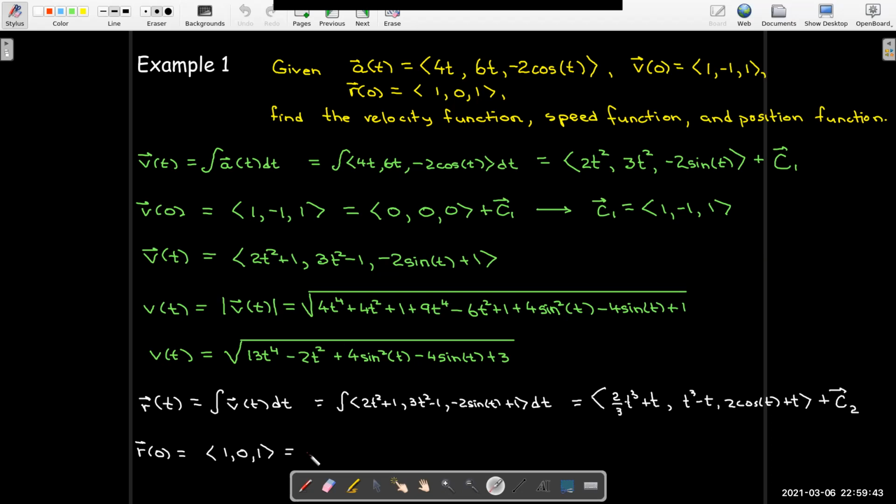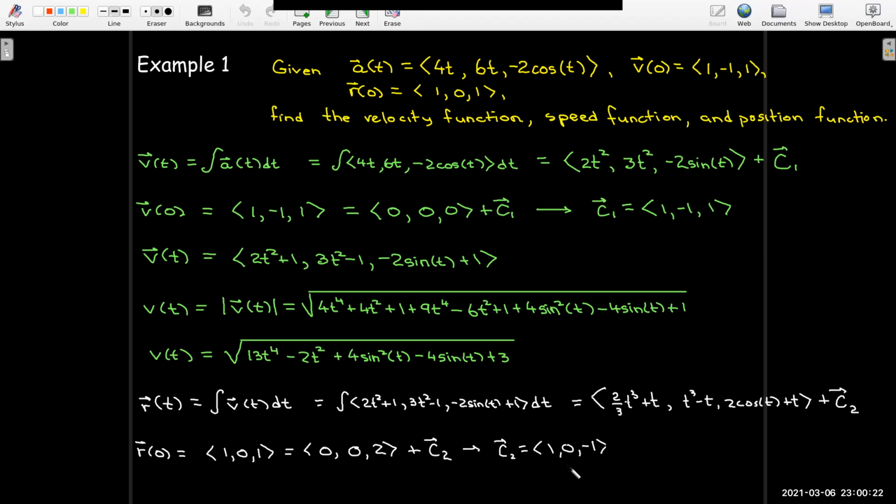So now when I put 0 in the place of t in my antiderivative here, I will get 0 in the first and the second components, but since cosine of 0 equals 1, the third component is 2. So I'm going to actually have to solve for C2. So I'll have 1 minus 0, then 0 minus 0, but then the third component will be 1 minus 2. So my C2 vector is 1, 0, minus 1.